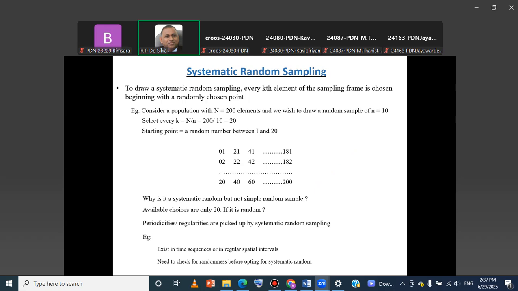So first of all, remember why we do sampling. Here we talk about spatial sampling. That is done when it is impossible to cover the entire population.